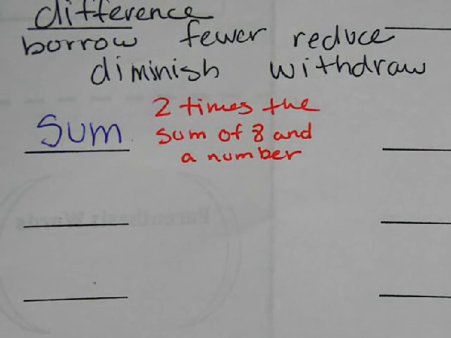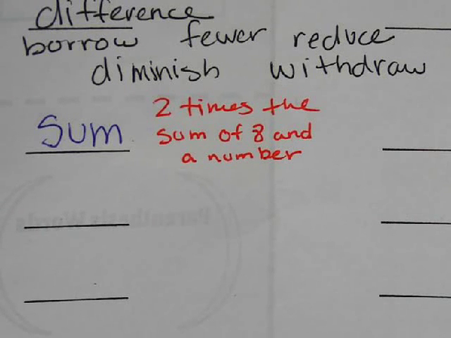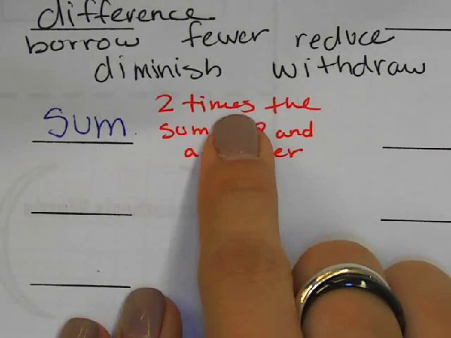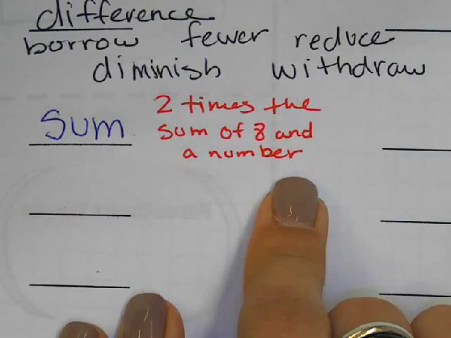Okay, 2 times the sum of 8 and a number. Do you know what number we're talking about? No. So what am I going to use when it says a number? X, right? Or any variable. Alright. So there's 2 parts to this. It says 2 times the sum of 8 and a number.